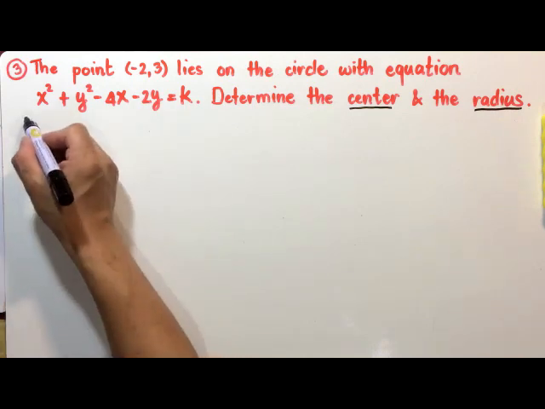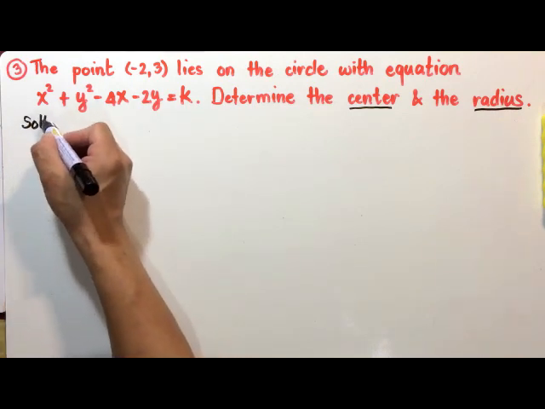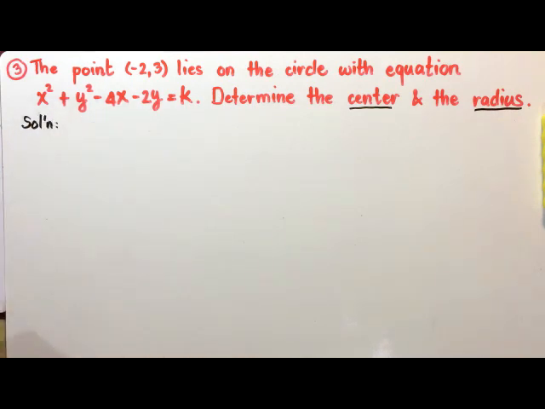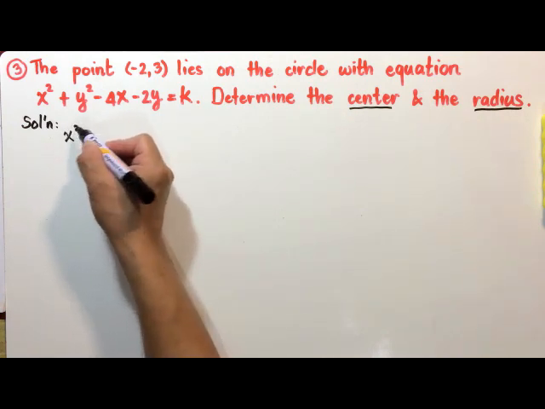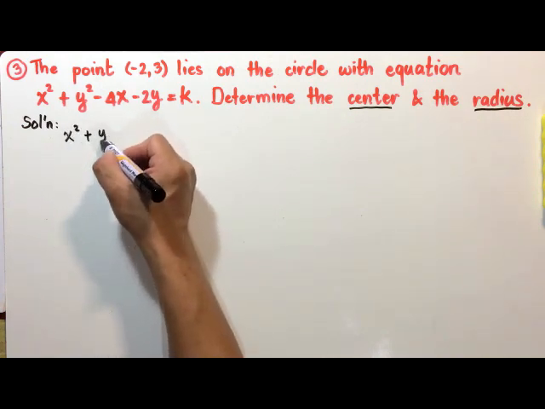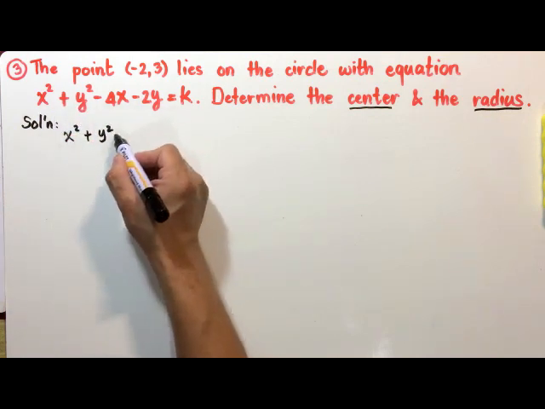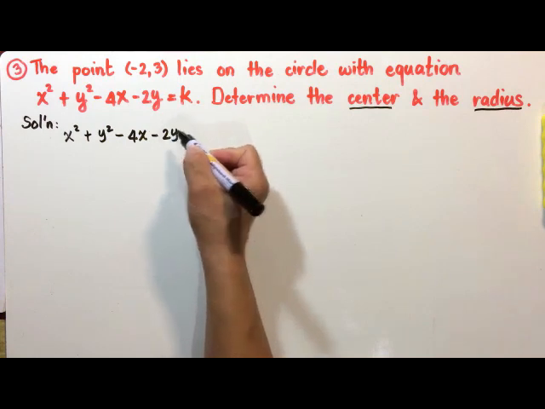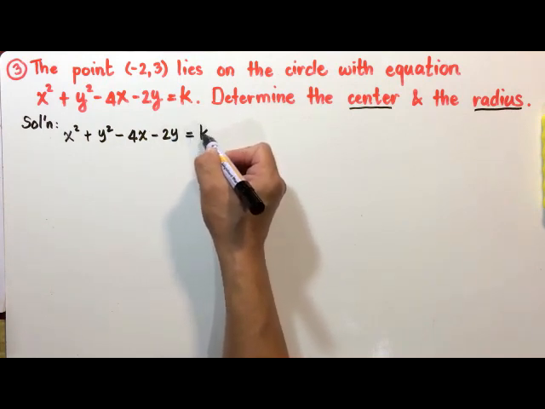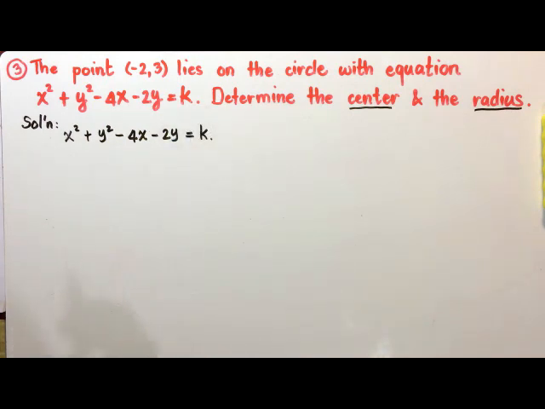So how will you solve this problem? To solve is to use the given things in this problem. We are given that the equation of the circle is x squared plus y squared minus 4x minus 2y is equal to k. What makes it a problem is that we don't know yet the k.